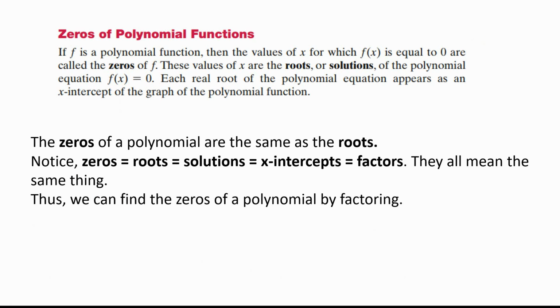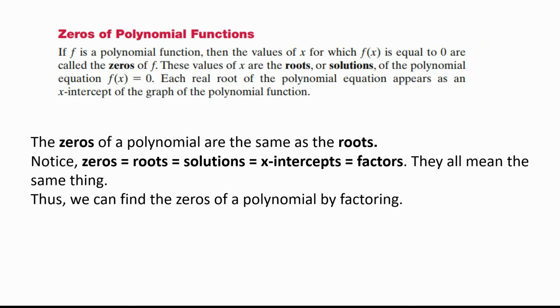We'd like to talk about the zeros of the polynomial function. If that's a new term for you, what you've been doing all your life in terms of factoring an equation, when you get those linear factors, each factor is a zero.